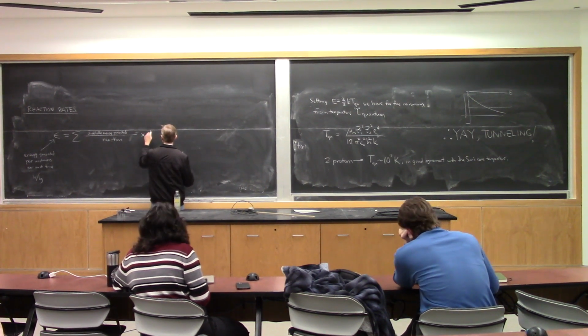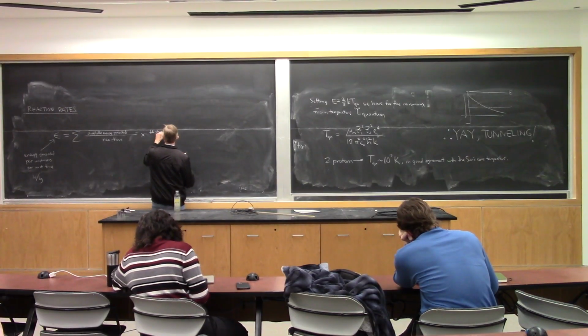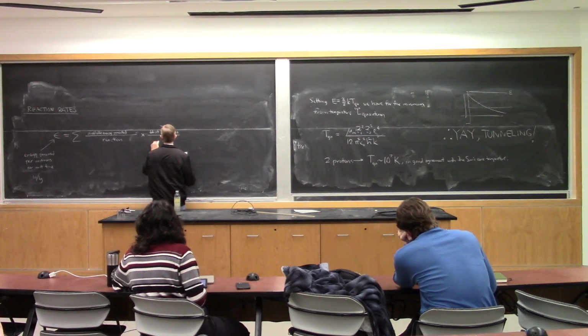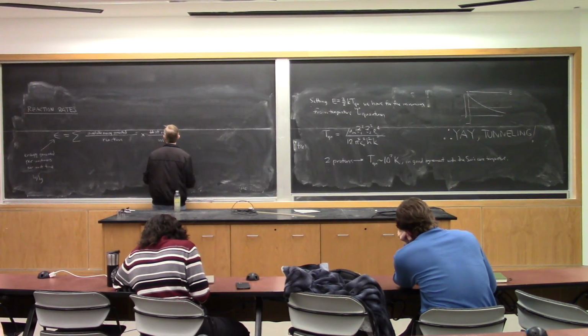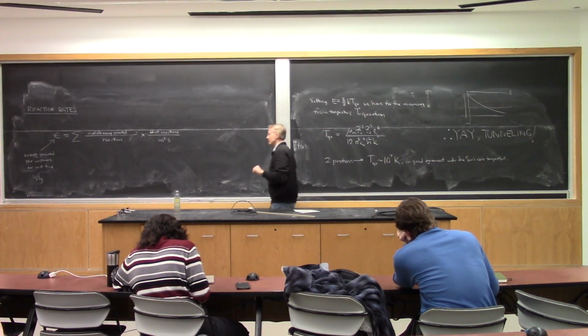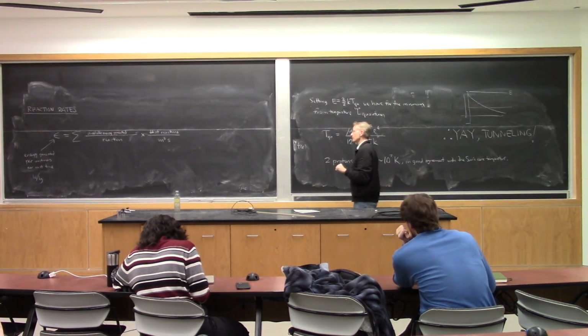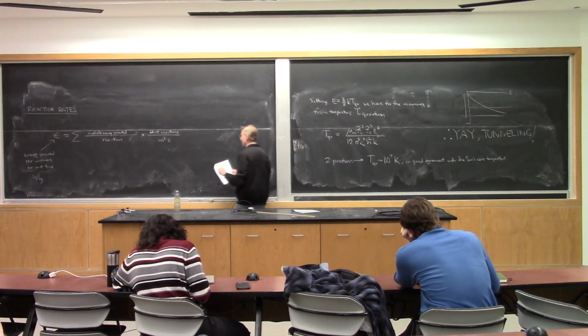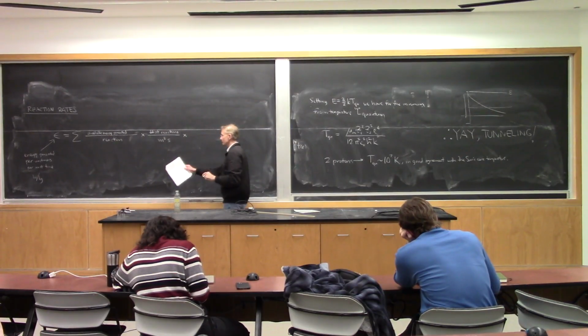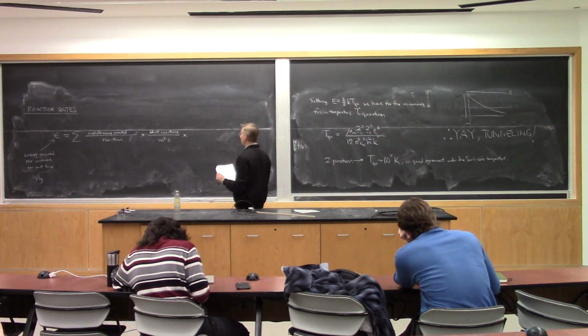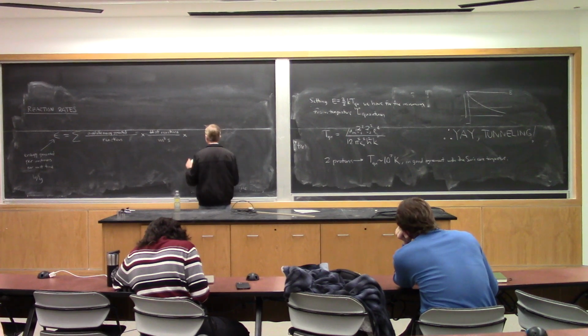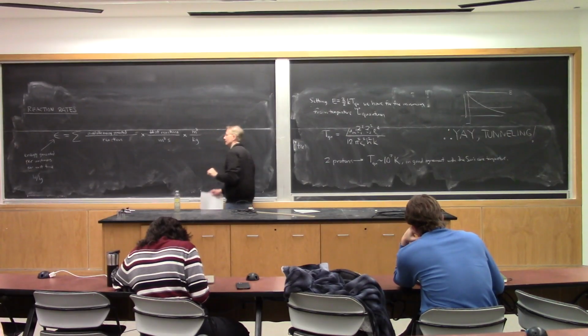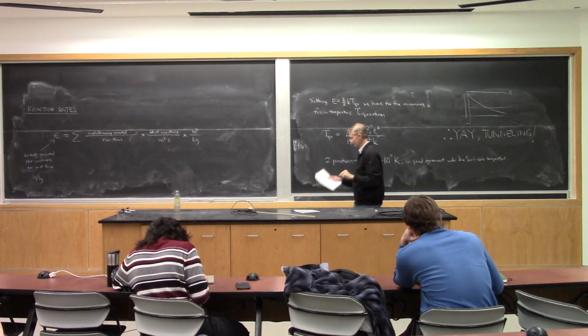Times the number of reactions per cubic meter per second. So how much energy comes out of each reaction times the number of reactions per cubic meter per second times, since we want the units to be watts per kilogram and not watts per cubic meter, the number of cubic meters per kilogram.